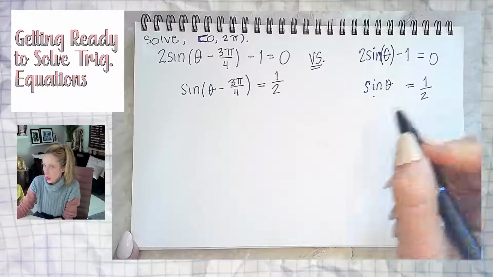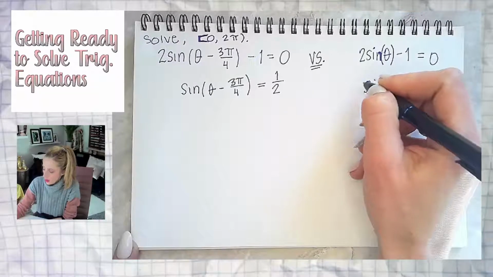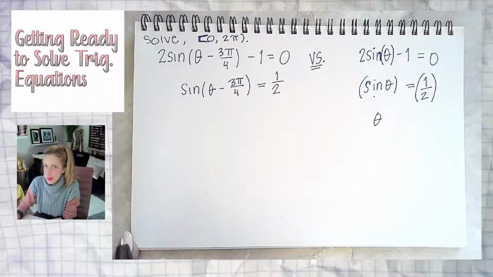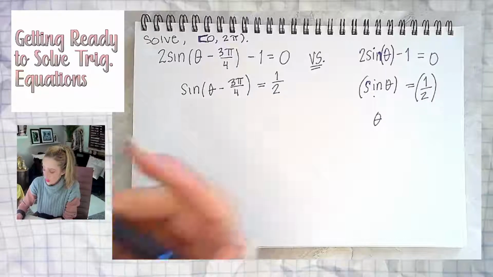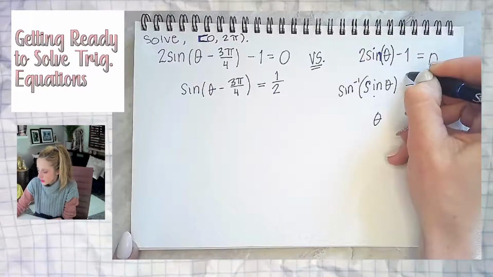You could do that in your head, or if it's not on the unit circle, you would have to take the sine inverse of both sides. You do not divide by sine, or by cosecant or cosine or any of that. You do not change it into something else. To get rid of sine, you take the sine inverse of both sides.